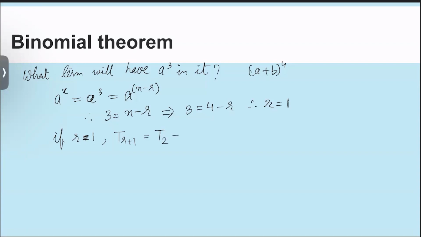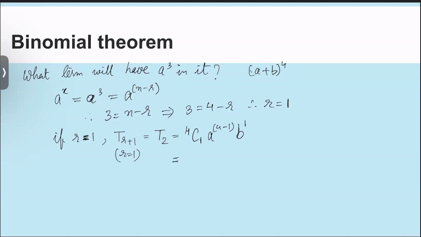If r is equal to 1, we want to calculate r plus 1, that is T2. Now for term 2, we substitute all the other values. nCr is 4C1, remember r is equal to 1. And a is raised to 4 minus 1, and b is raised to whatever r there is, so b raised to 1.